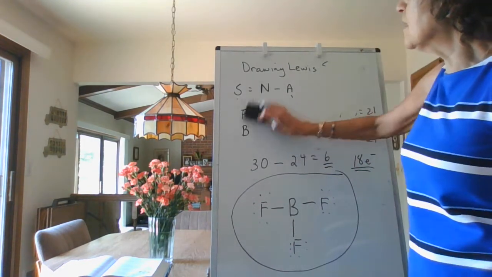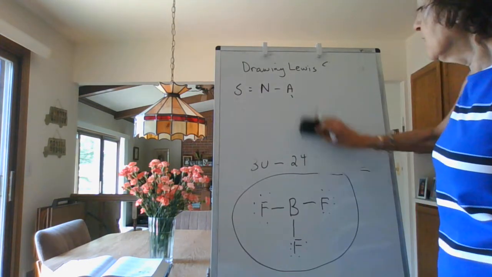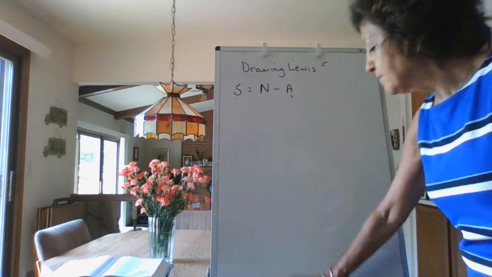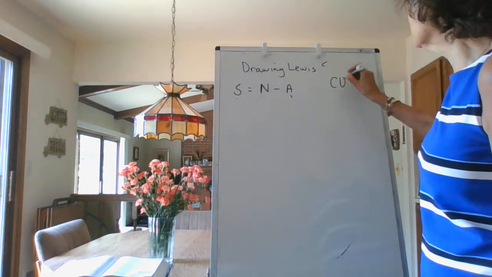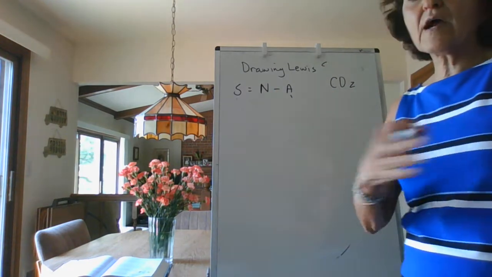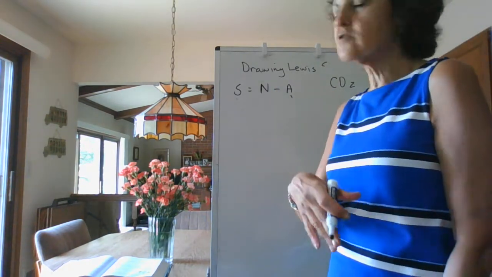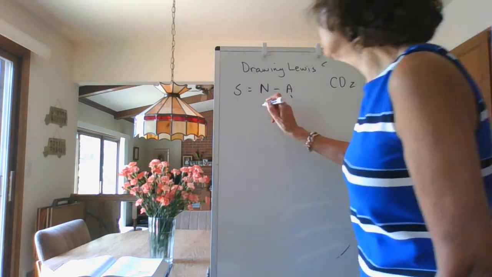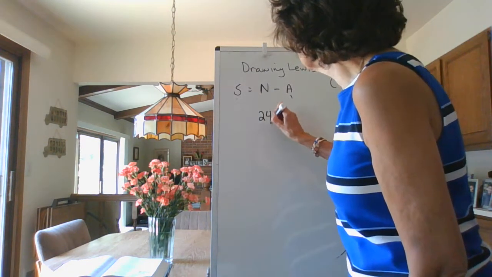We're still going to use S is equal to N minus A. Let's do carbon dioxide. Crunch the numbers. N value, remember, everybody's 8 except for the ones that I told you aren't 8. So 8 times 3 is 24.